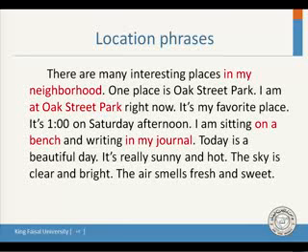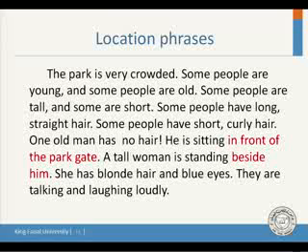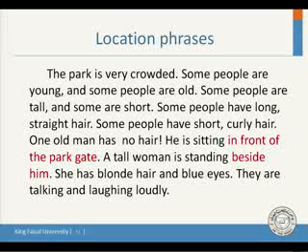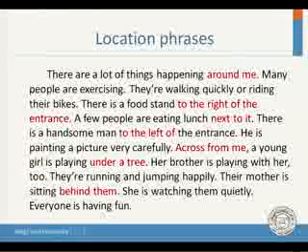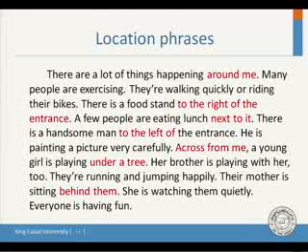Okay, all these are location phrases. Also, in front of the park gate, beside him. Okay, more location phrases. Around me, happening around me.